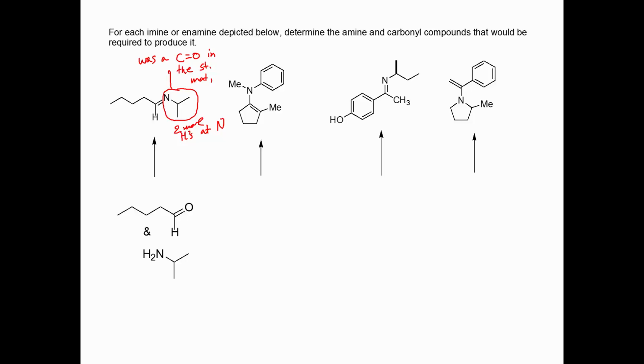Okay, the next one is an enamine. Recognize that at the alpha position we had an extra hydrogen that was there that got removed in the very last step of the reaction. Okay, the nitrogen part, there would need to be.